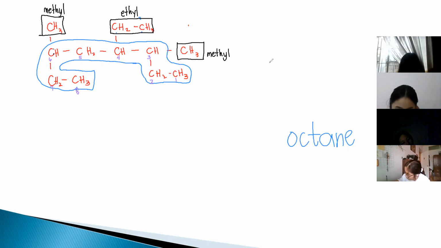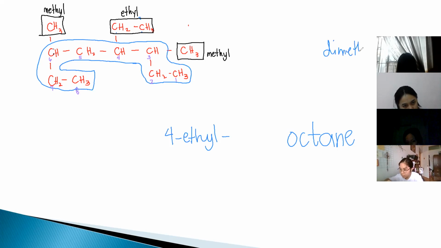So, alphabetical. Ethyl muna. Asan si ethyl nakalagay? Carbon number 4. So, this is 4-ethyl. And then, I have 2 methyl, so I'll be using dimethyl here. The alphabetical naming is the name talaga ni substituent. It doesn't matter kung gagamit ka ng prefix. Hindi kasali si prefix sa pag-alphabetical. So, mauuna pa rin si ethyl.